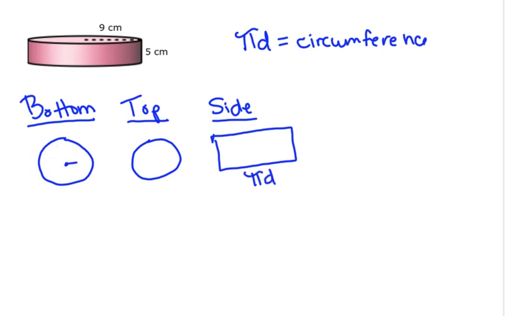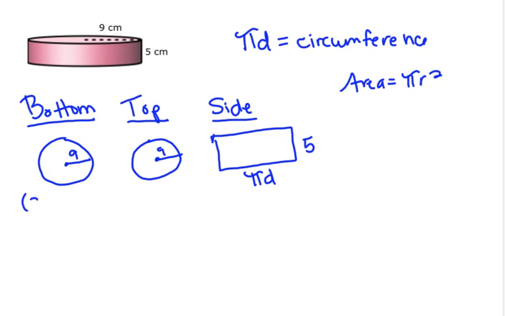So we have the radius of the circle is 9. The radius of this circle is the same, 9. And the height of the cylinder is the same as the height of the rectangle, and that is 5. So for a circle, the area of a circle is pi r squared.